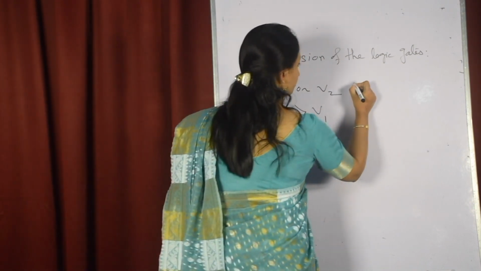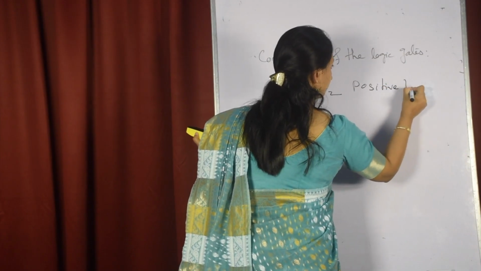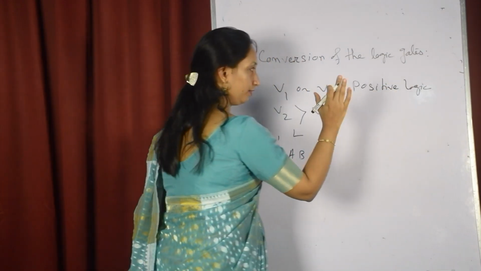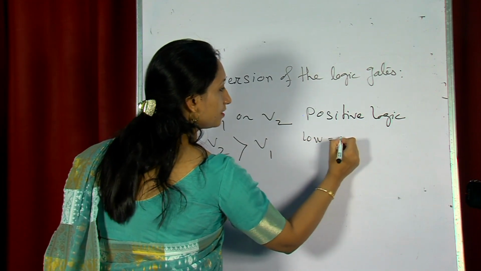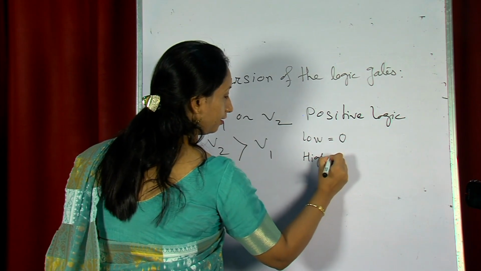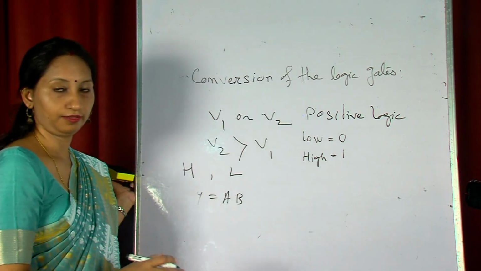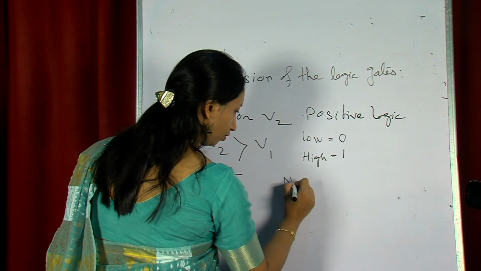Suppose we get one positive logic. In positive logic, the low is represented as 0 and high is represented as 1. And another one is negative logic.